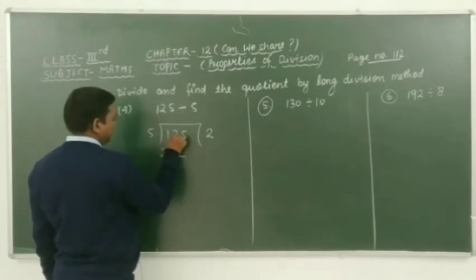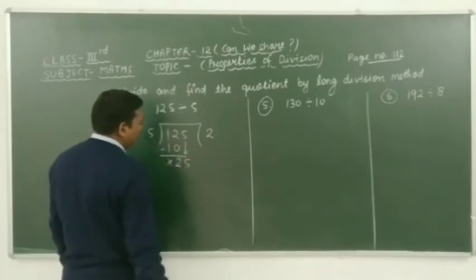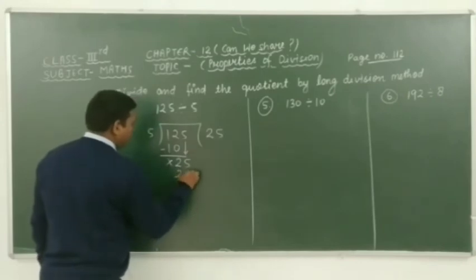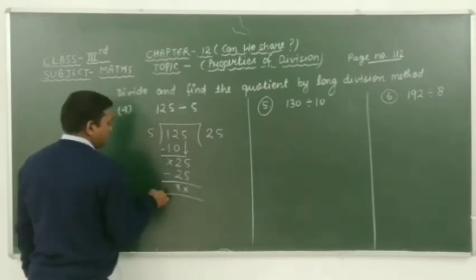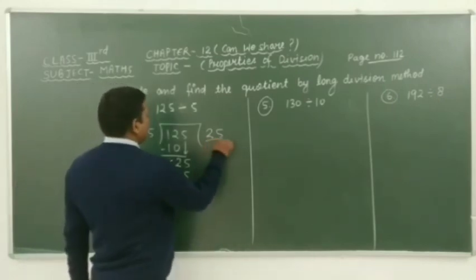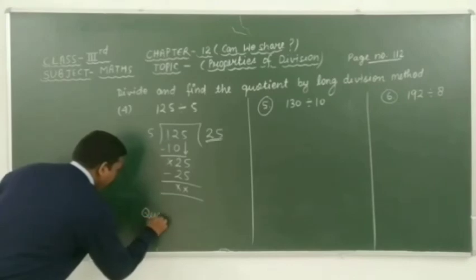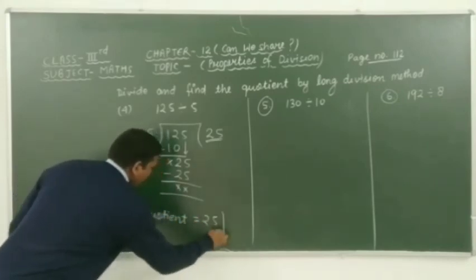After subtracting these, we get 2 minus 0 is 2. 1 minus 1 is 0, so cancel out. Here we bring down 5 as the same. 5 fives are 25. 25 minus 25 is 0, so here we get a cancel mark. And the quotient is 25. It means that here we can write quotient is equal to 25.